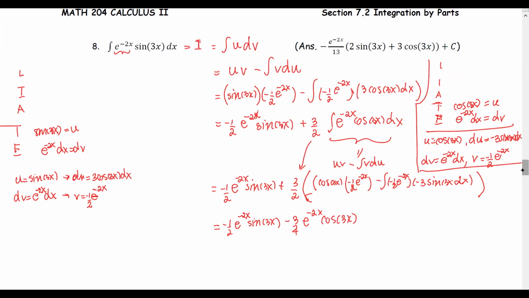And next part, we have 3 negative signs, so it can be negative, and the product of 3/2, 1/2, and 3 becomes 9 over 4 times the integration of e to the negative 2x times sine of 3x with respect to x. And recall on the left hand side, we use the notation I to represent the integral of e to the negative 2x sine 3x, which is the same as the last integral on the right hand side.